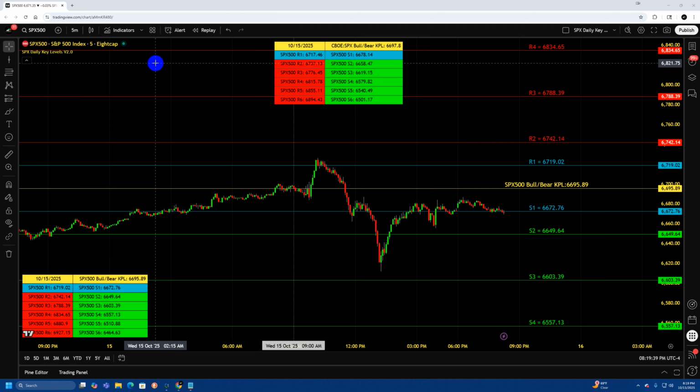Now, this 8-cap symbol also serves another purpose for people that are trading SPX index options on the CBOE index. You can simply open up two different charts, with the indicator on both, one with SPX 500 8-cap and the other with SPX CBOE.